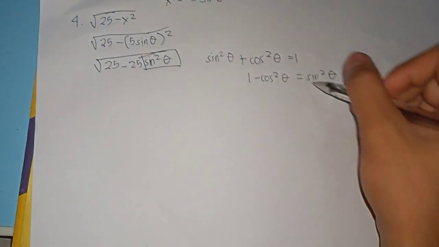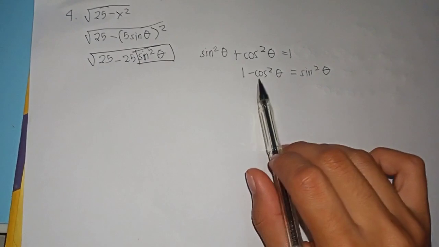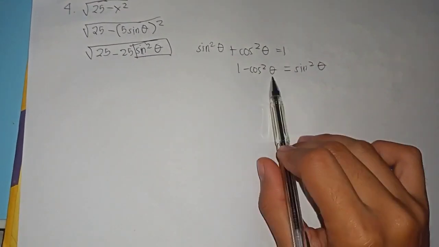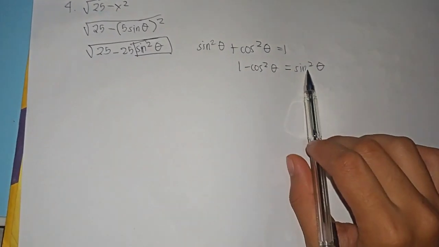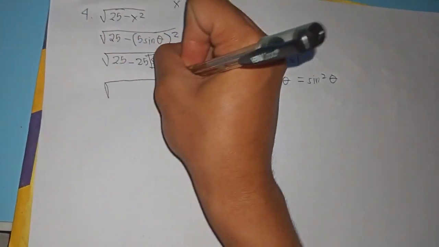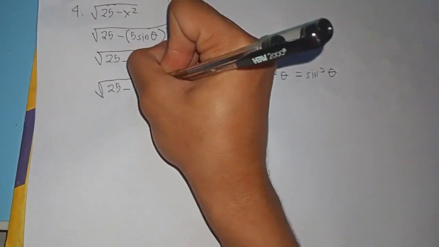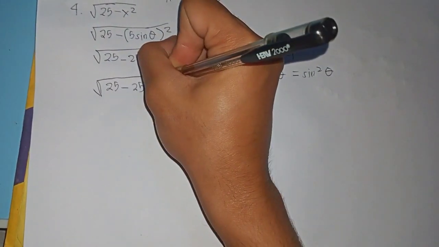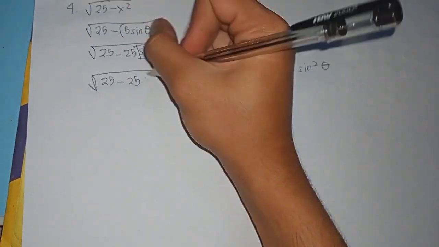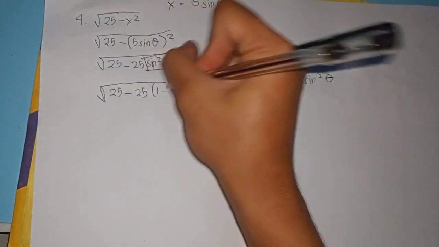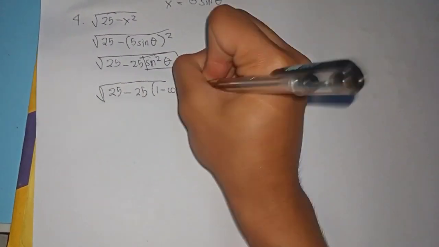They are the same. So we're going to rewrite it as 25 minus 25 times 1 minus cosine squared theta.